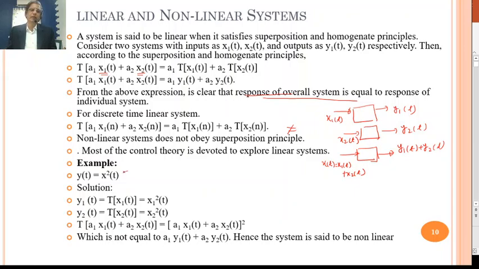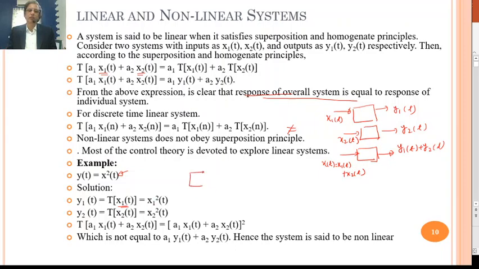Now check whether the system is linear or non-linear. The system is y(t) equal to x squared(t). Now due to the first input x1(t), what is the response? The square of it, means x1 squared(t). The second input is x2(t).